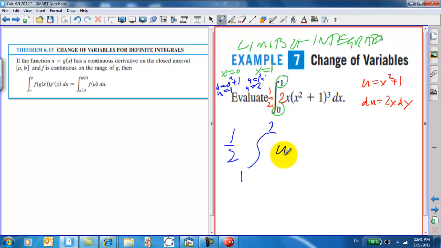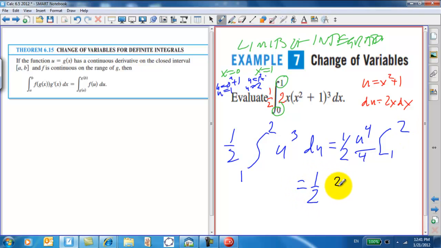And then (x squared plus 1) cubed is u cubed du. And then we do this antiderivative, u to the 4th over 4, but we evaluate it from 1 to 2. So we get 1/2 times 2 to the 4th over 4 minus 1 to the 4th over 4.